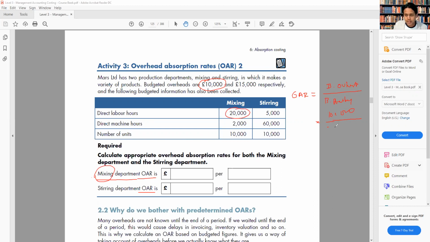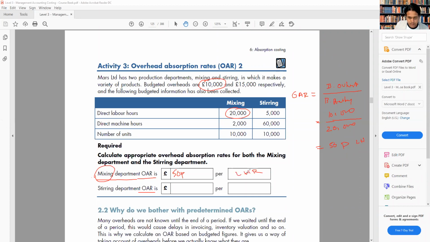So it's 20,000 labor hours. That gives us 50 pence per labor hour.